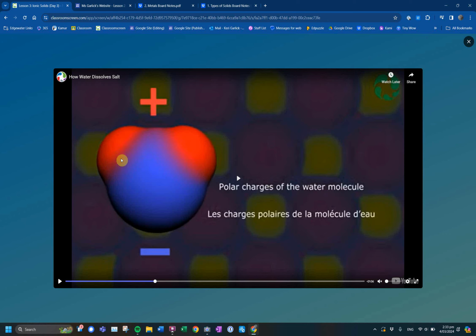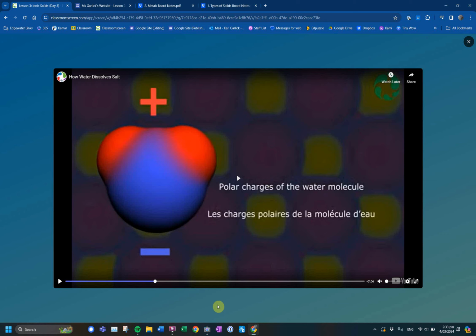So it's going to pull those electrons like a tug of war closer to it. Since it's pulling it, but not fully taking it away, it becomes slightly negatively charged. So it's kind of like when an ion forms, but it's not a full ion because it hasn't lost the electron completely. In this case, because my hydrogen has lost those electrons and those electrons aren't nearby, my hydrogen section becomes slightly positive. So that's what we're looking at for the polarity of the water molecule. So water is a very polar molecule.